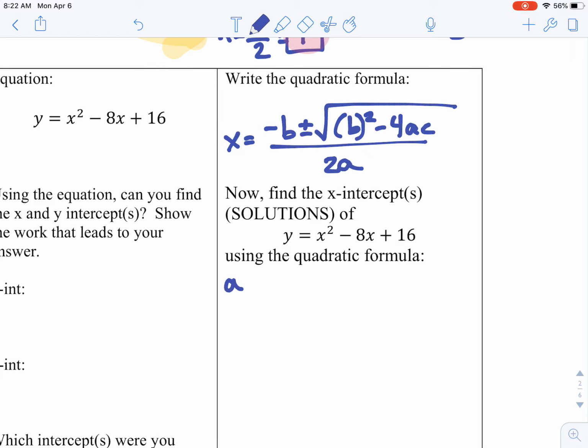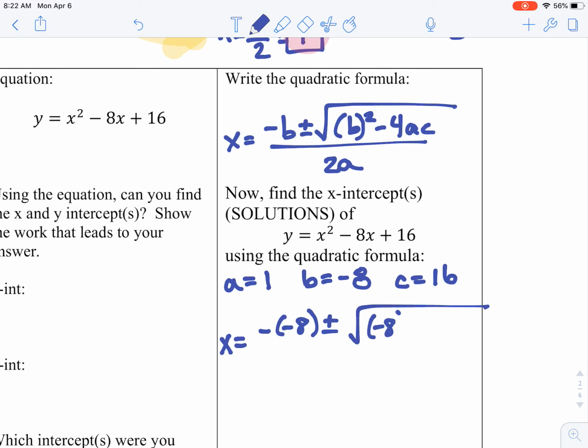So we'll identify a, b, and c, and we're going to rewrite our equation using our variables. So I have negative b plus or minus the square root of b squared minus 4 times a times c, all over 2a.